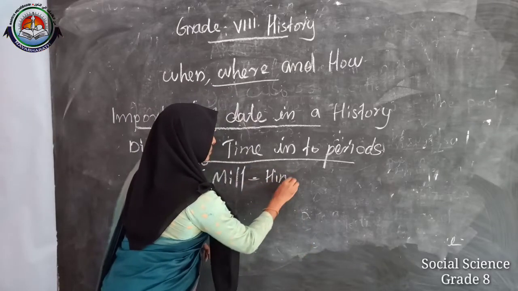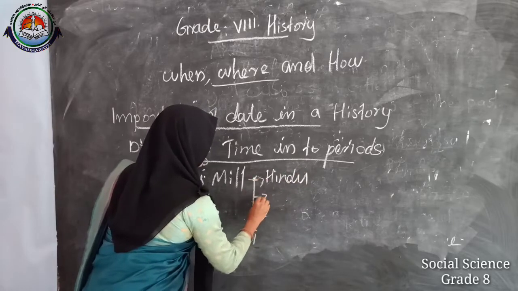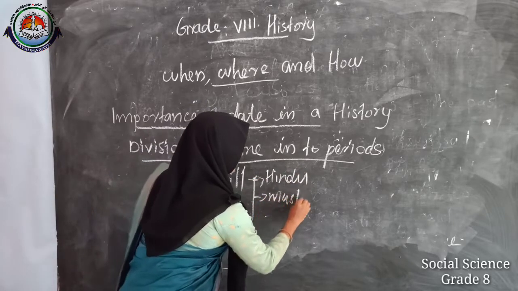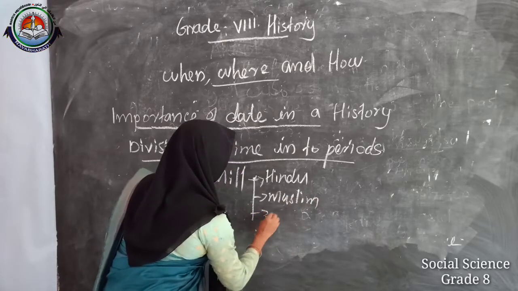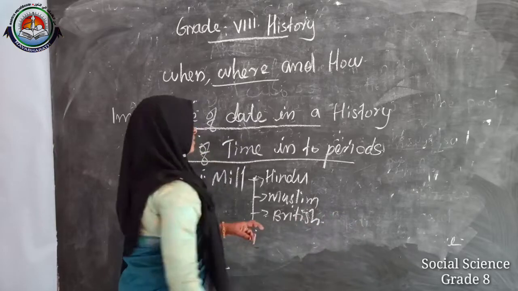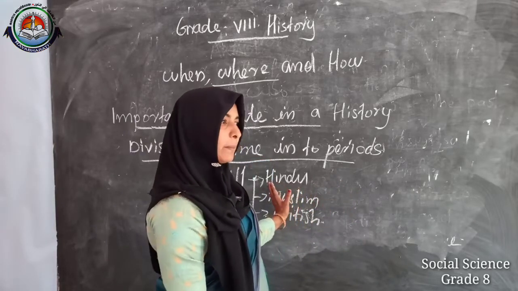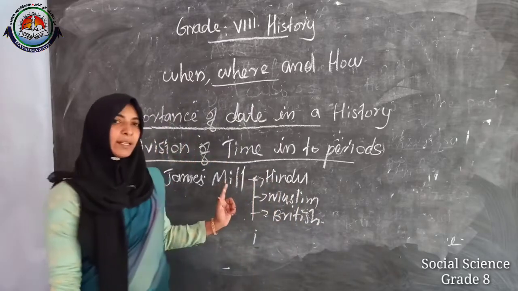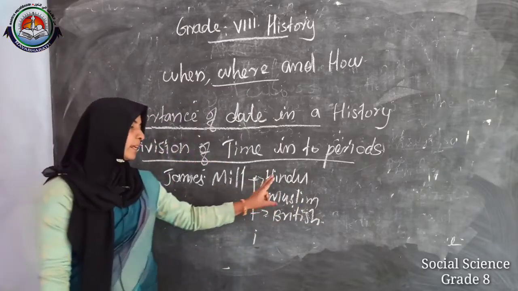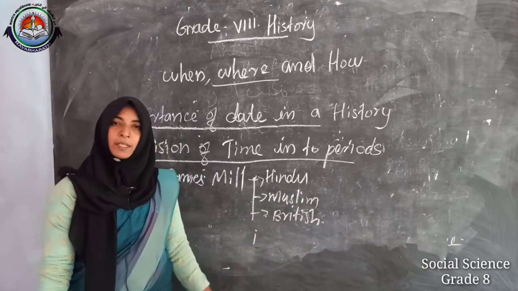Hindu, Muslim, and British. This division is done by whom? James Mill, a British historian, divided Indian history into three: Hindu, Muslim and British.